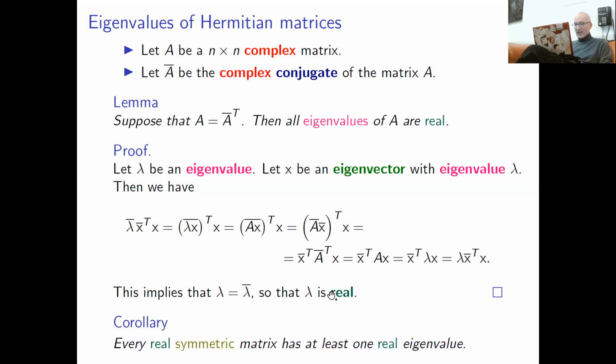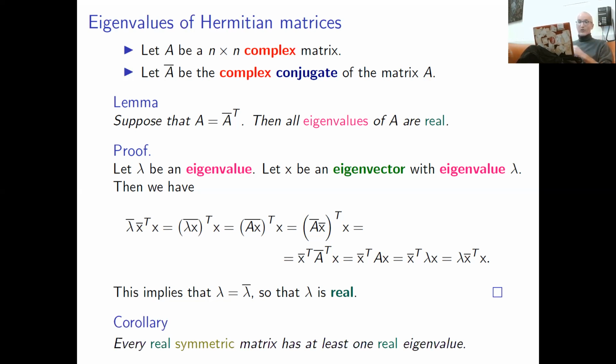And we have a very powerful corollary, which I mentioned already. Just a conclusion: every real symmetric matrix has at least one real eigenvalue. And we actually know that all roots of the characteristic polynomial are real.